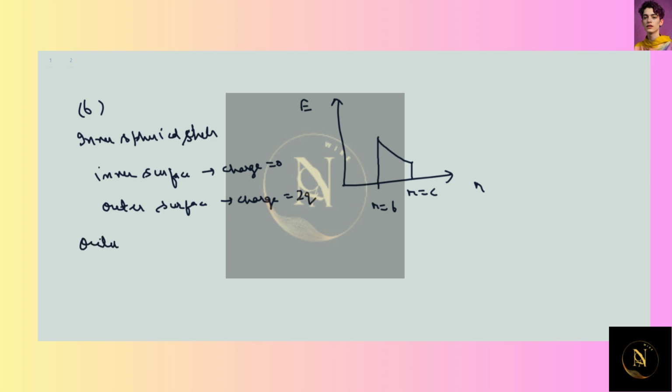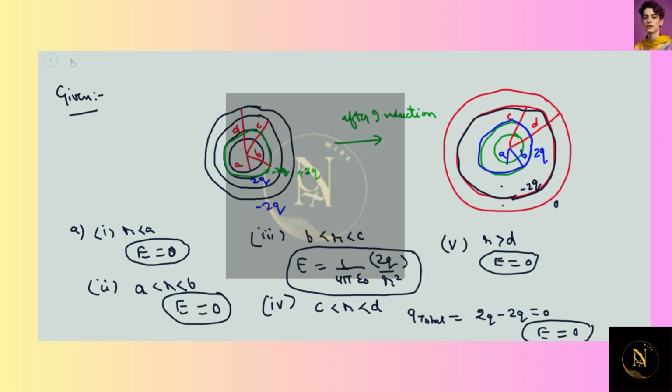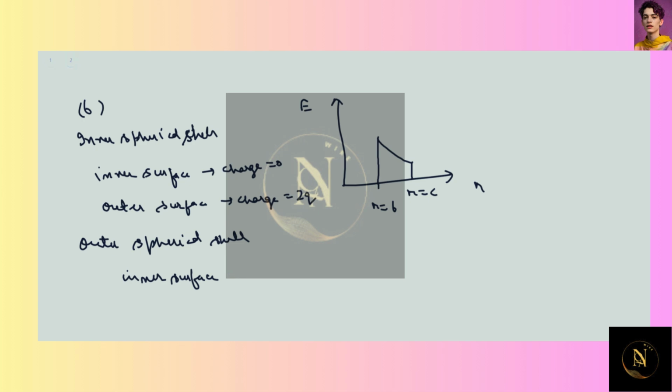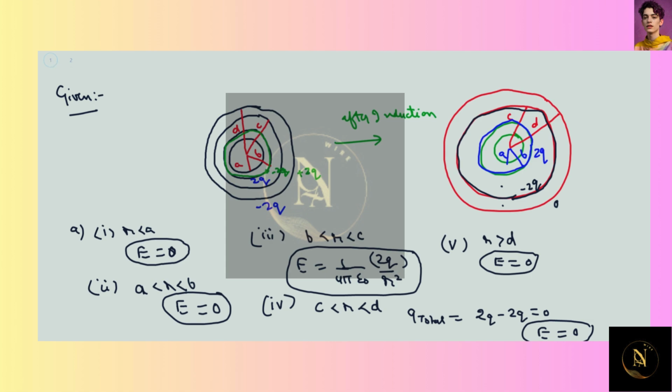We have the outer spherical shell, and the inner surface of this one contains q equals minus 2q, and the outer one contains 0 charge.